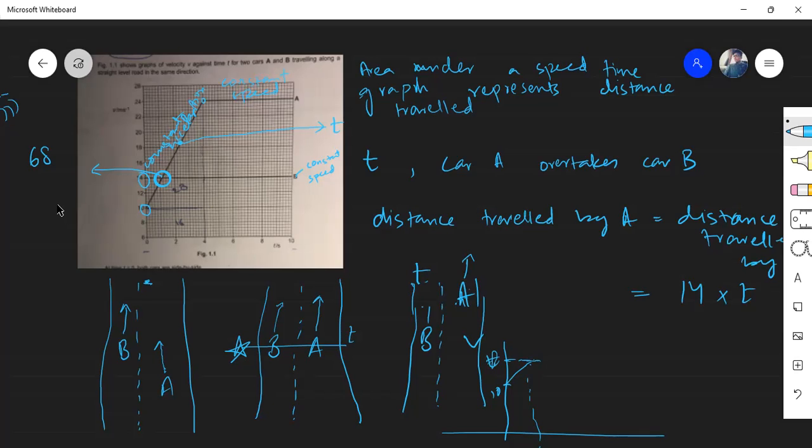Calculate the distance traveled by 4 seconds. It's a trapezium, so 24 plus 10. Consider trapezium.